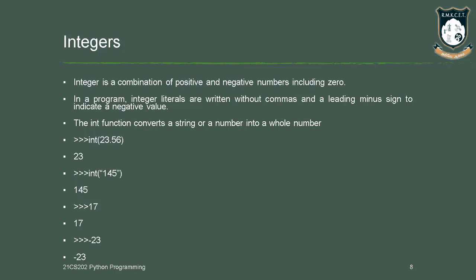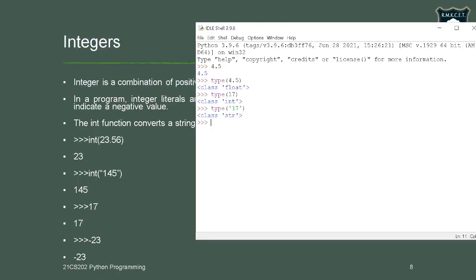For example, you can see a demo. Here I am enclosing the value 16 in quotes, so now it is a string. Now we shall see which data type it belongs to. 16 within quotes belongs to the data type string. If I need to convert this into an integer, I can use int, and within it I use the same thing, either in single quotes or double quotes.